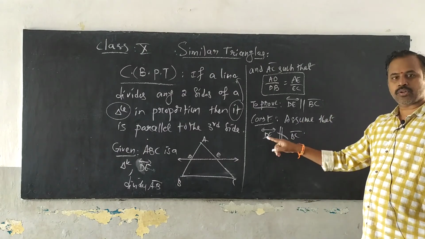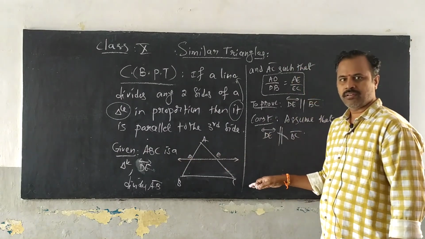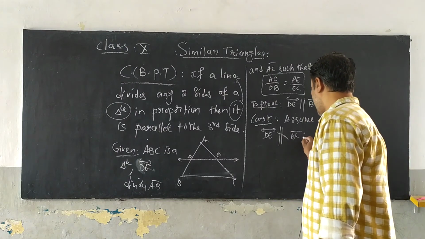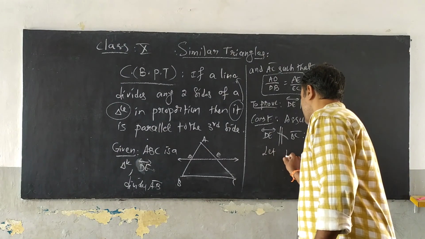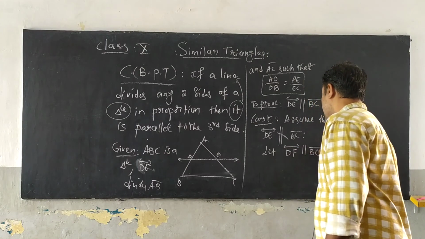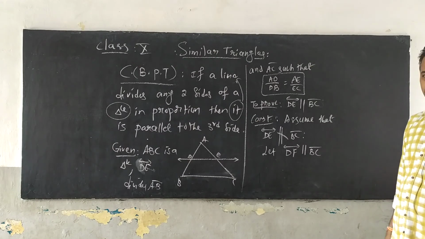So if this line is not parallel, we can think any other line may be parallel. So I assume here, let DF line be parallel to BC line segment.